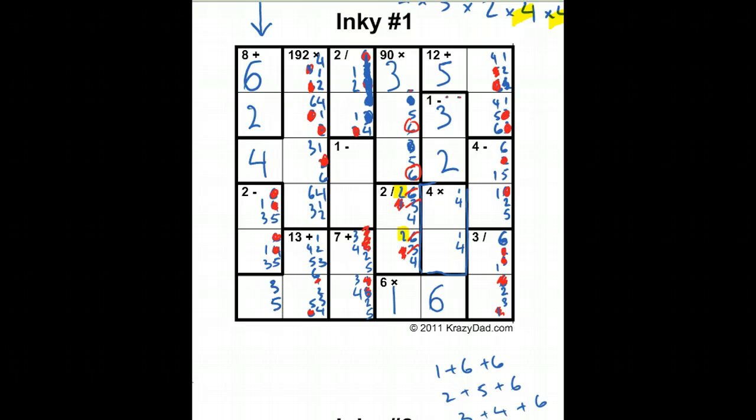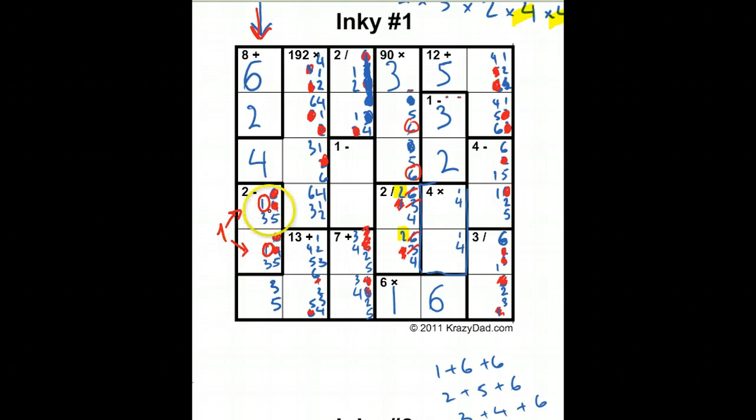Okay, here's some more magic. Ready for this one? This is a really important tip. Look at this first column here. Where are all the possible 1s? The only possibilities for a 1 are here and here, which must mean that a 1 has to go either here or here.